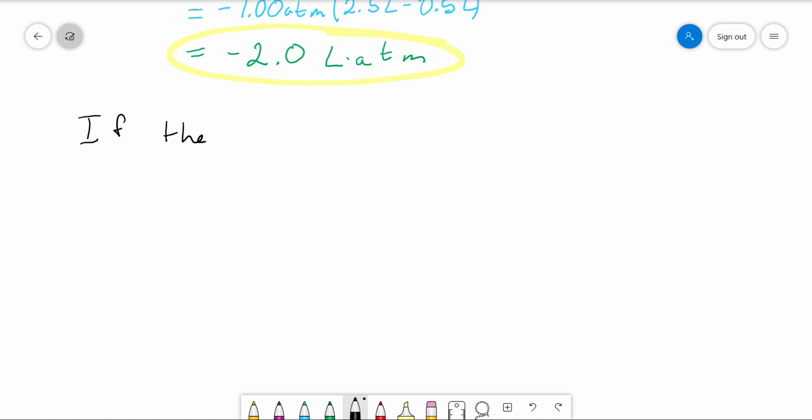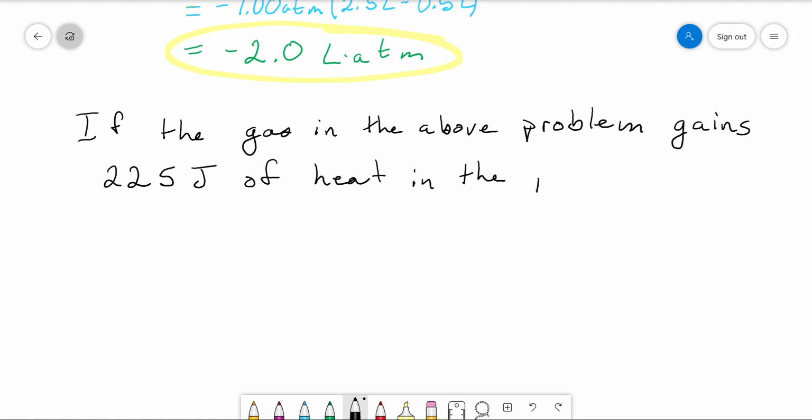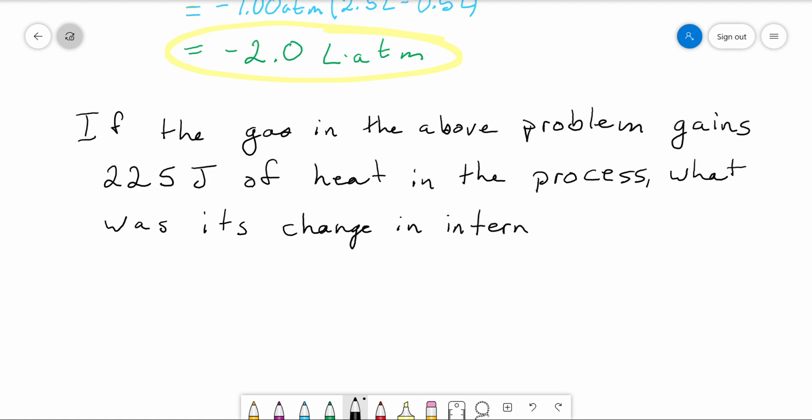If the gas in the above problem gains 225 joules of heat in the process, what was its change in internal energy?